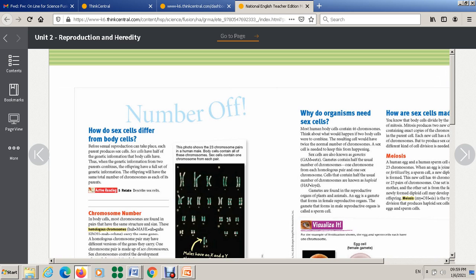Describe sex cells. If I want to describe them, sex cells have half the genetic information that body cells have, okay?